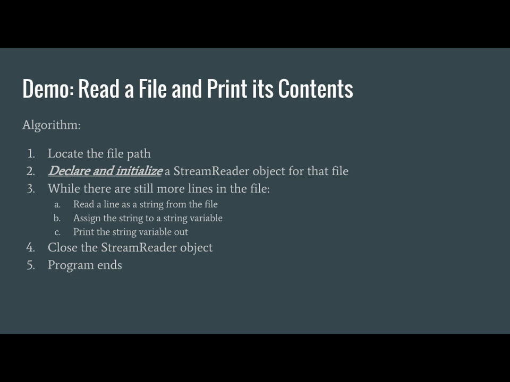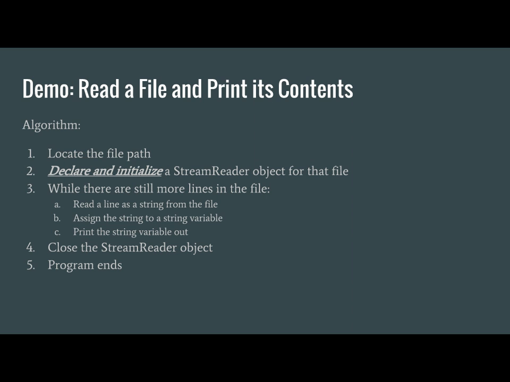Okay, so let's see how it works. How can we read a file from disk? The algorithm is: first we need to locate the file path, and we declare and initialize the stream reader object for the file. Question? Is the stream reader built into C#? Yes, we'll see how it works. If we want to read everything in the file, we can do something like this.